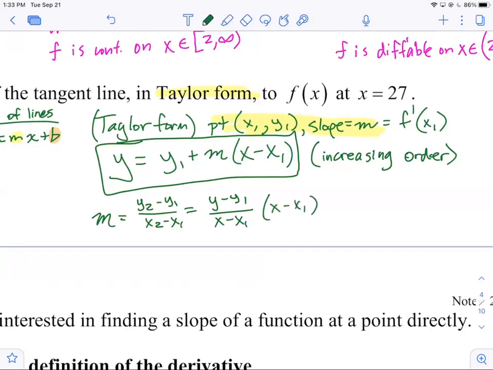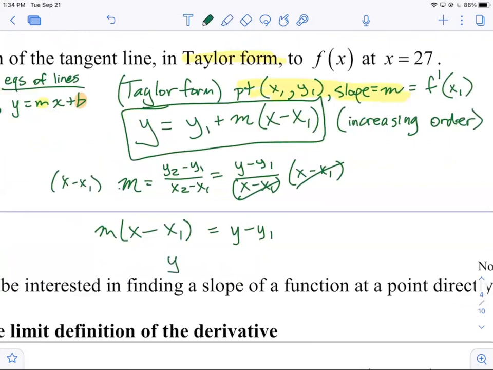These two cancel, and we're left with y minus y sub 1 on this side, and over here, m times x minus x sub 1. This right here is the point slope formula. It's not solved for y, so all we have to do is add y sub 1 to both sides, and we get y equals y sub 1 plus m times x minus x sub 1. So really, Taylor form just comes from the formula for slope.